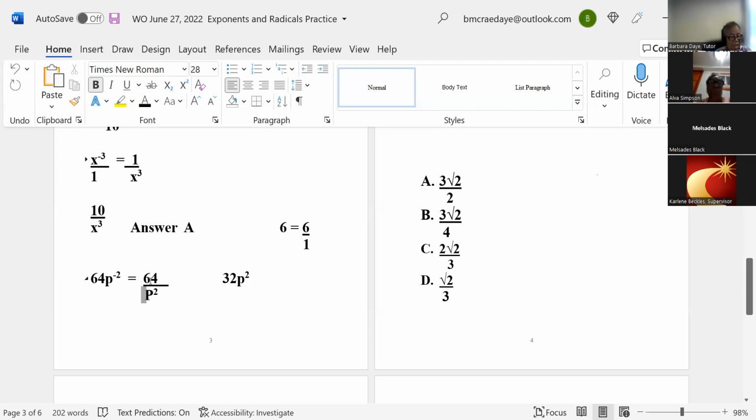Leave that right where it is in the numerator, and then just take your p to the minus 2, put that in the denominator, and change your sign. Is it clearer now, Mercedes? Yes, Miss Barbara. So if you have a coefficient, then you just leave it just the way it is.